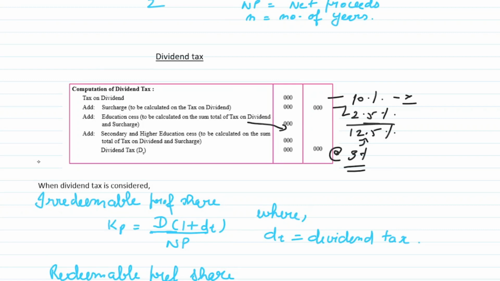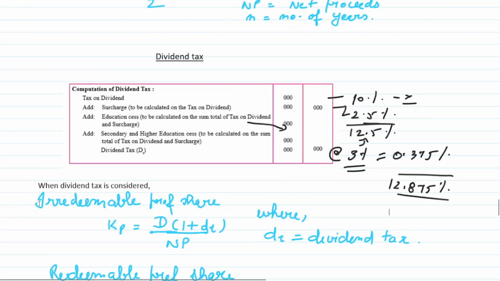So 3% of 12.5% becomes how much? This becomes 0.375%. So if you add both, 12.5 plus 0.375, the rate of tax that is supposed to be paid will be 12.875%.